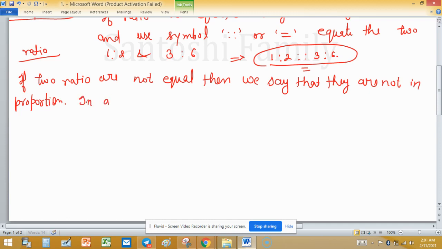In a statement of proportion, the four quantities involved when taken in order are known as respective terms. These are the respective terms of proportion.